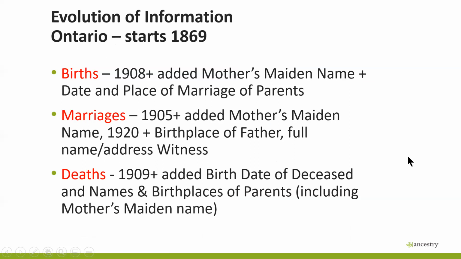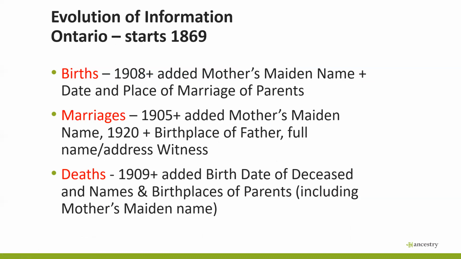In Ontario, they started collecting information in 1869, but it wasn't until after 1908 for the births that they actually added the mother's maiden name, which is a key clue to take you back further in time. It wasn't until 1905 that they mentioned that on the marriages, and for the deaths, it was 1909.